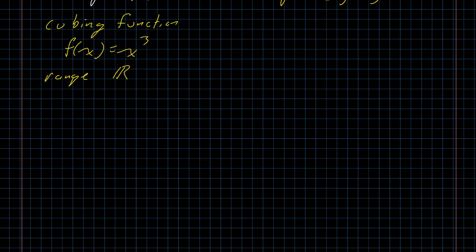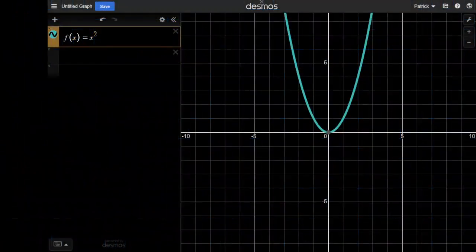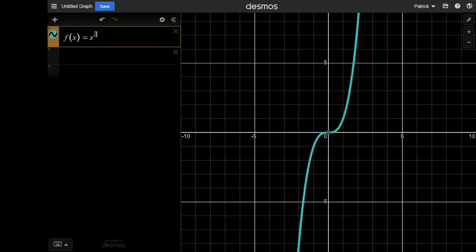So the identity function has all real numbers, the squaring function has positive numbers, the cubing function has all real numbers again. If I jump back over to Desmos, I can replace the exponent 2 with a 3. We get the graph of the cubing function.